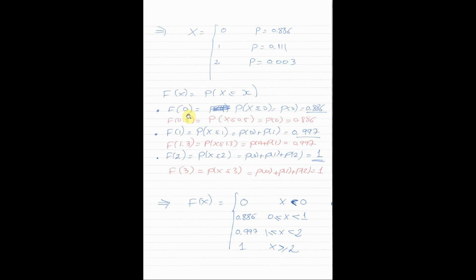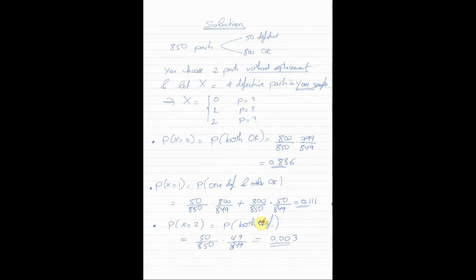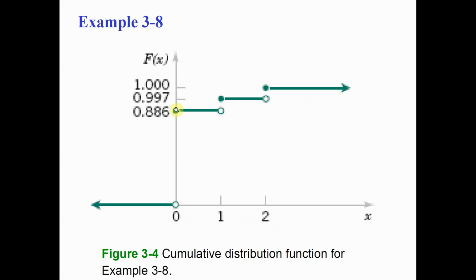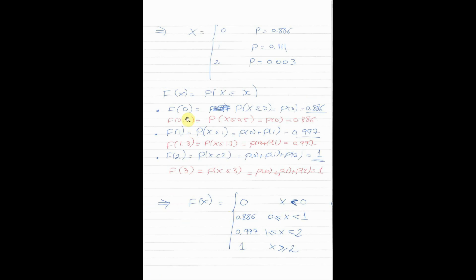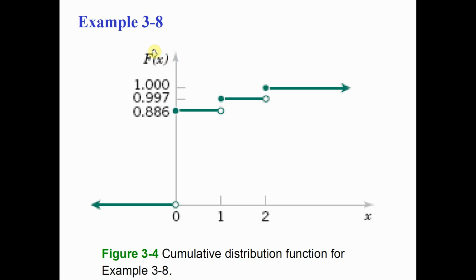Do you see this equal sign? At x equal to 0, we have a value 0.886. So we go to 0.886 and it stays fixed until before 1. From 0 until before 1, the cumulative function stays fixed, excluding the 1.